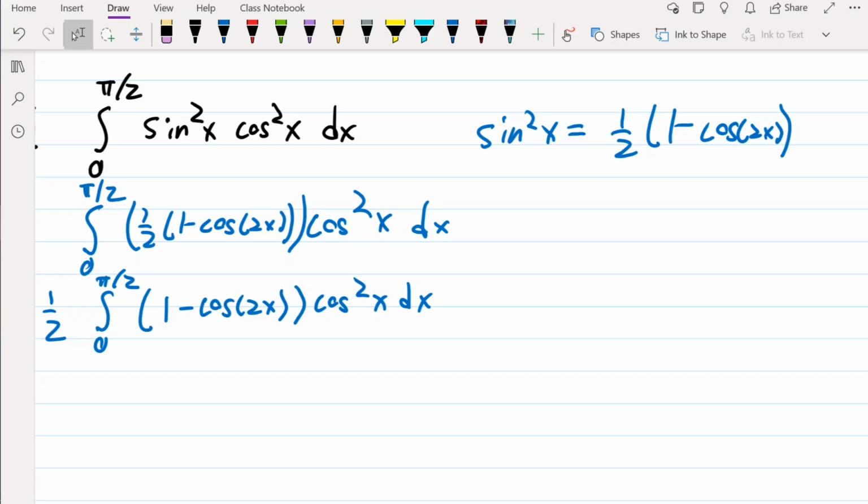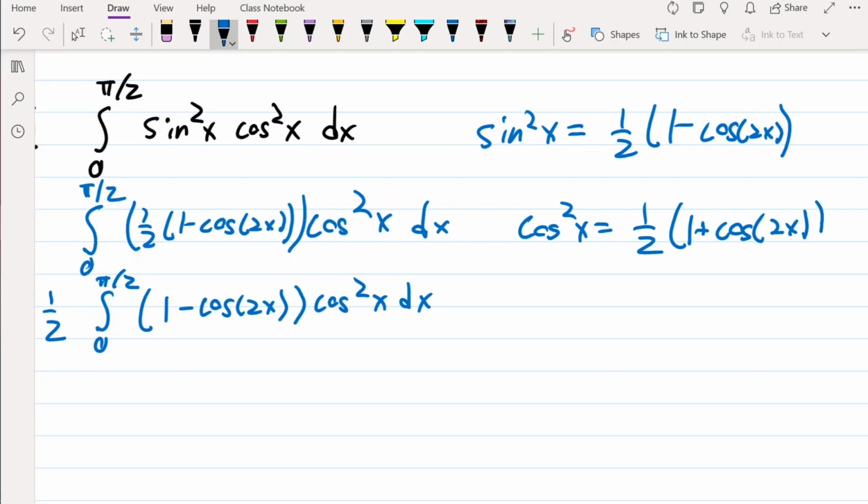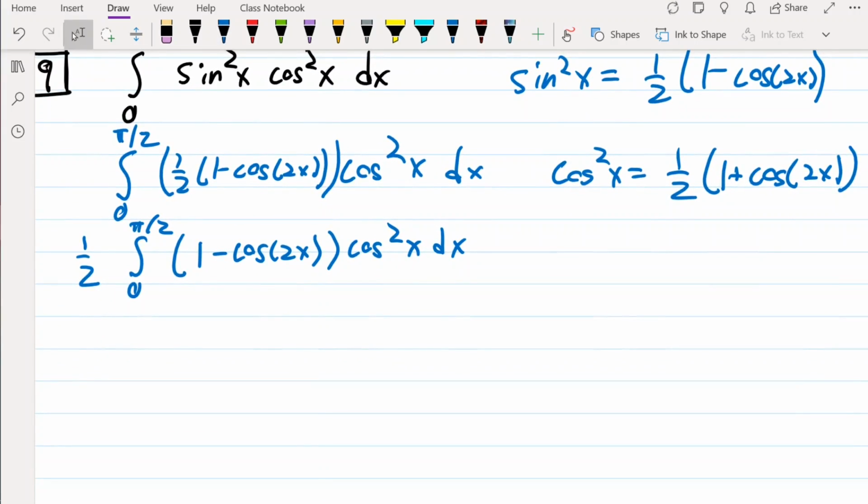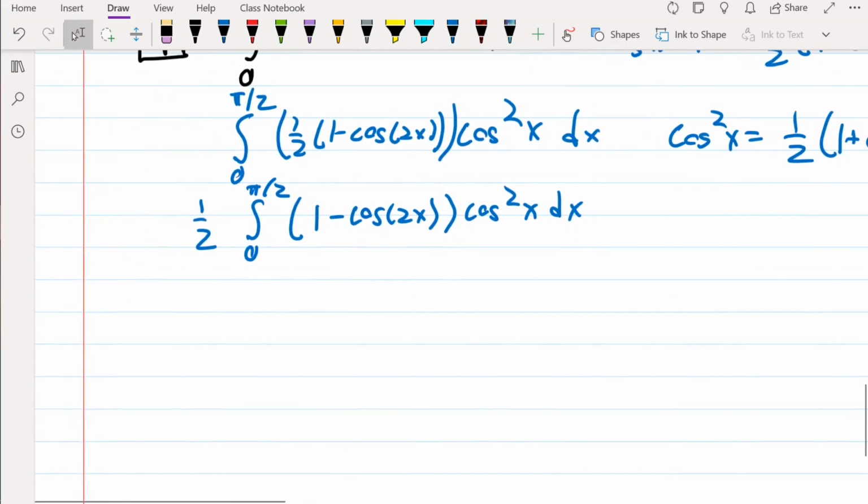I think it might just be easier to take cosine squared of x and use the power reducing formula again, because then I don't have to worry about making this into a u and then all that.